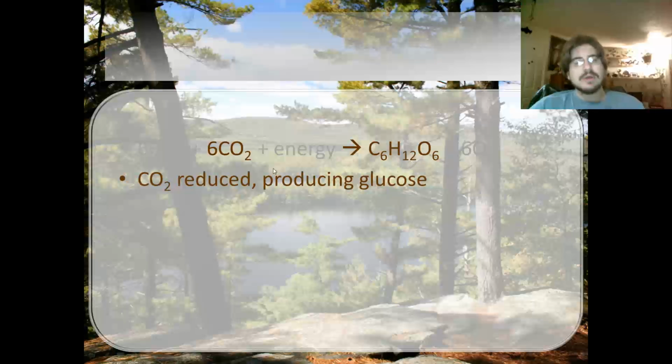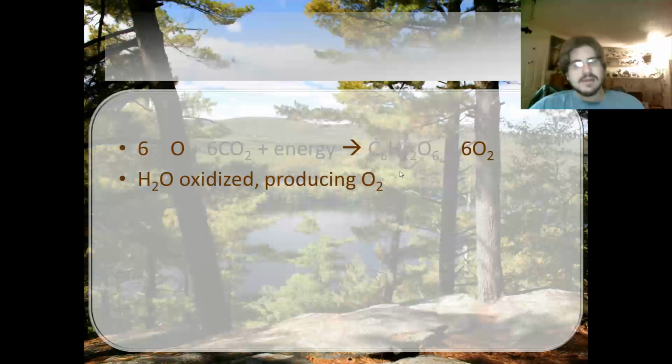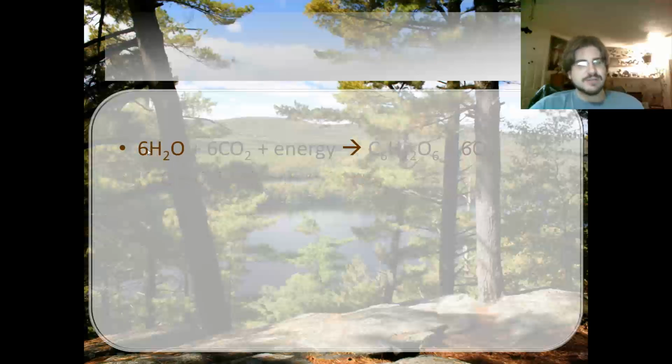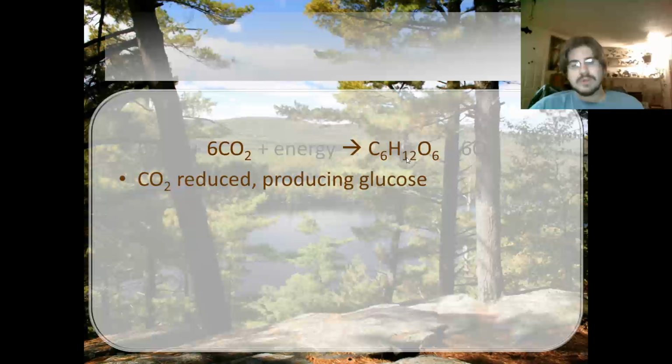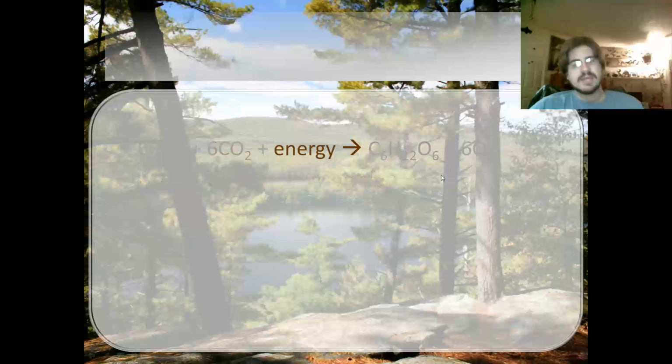So carbon dioxide is reduced into glucose. Kind of neat. You can see it works out pretty well, right? Here's 12 hydrogens right here. So when we oxidize water, we have 12 hydrogens hanging out. Well, glucose needs 12 hydrogens. Convenience.